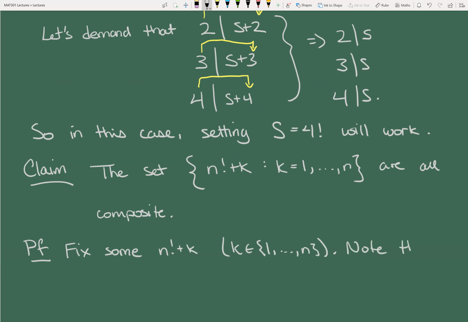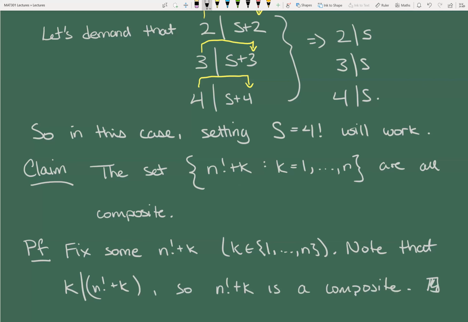Note that k divides n factorial plus k, right? Because in particular, k is less than or equal to n. Hold on, I'll read that one in a second, Hongwei. Let me just finish this. So n factorial plus k is composite, right? And the idea there is now we're done.